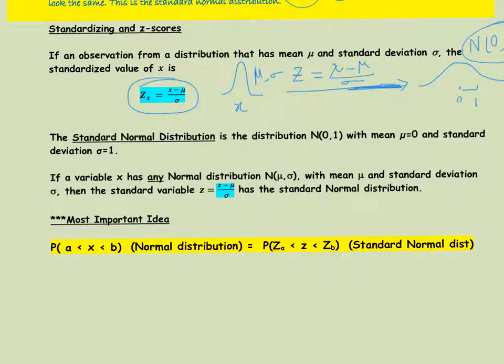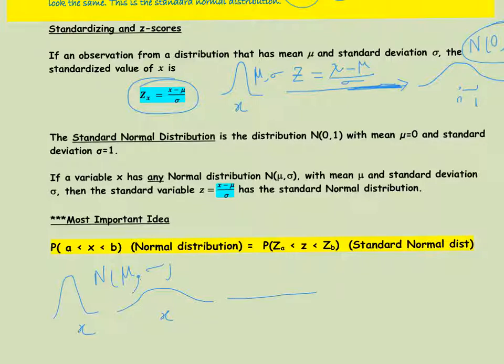So what we have discussed so far is that a regular normal distribution, no matter what it looks like, broad and flat, tall and thin, the variable is called x. It's a normal distribution with some center mu or mean mu and standard deviation sigma.